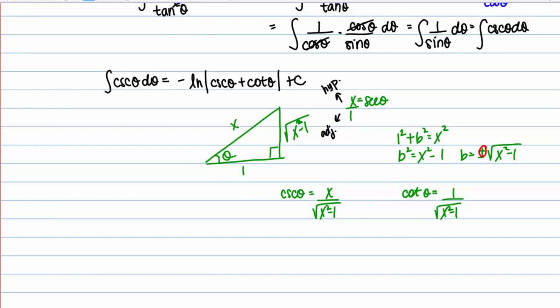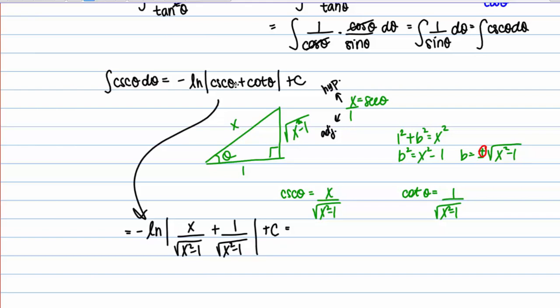So once I know these, I can go back to my antiderivative that I had found in terms of theta, and now I can write it in terms of x. So this looks like it should be negative natural log of x over the square root of x squared minus 1 plus 1 over the square root of x squared minus 1 plus c.